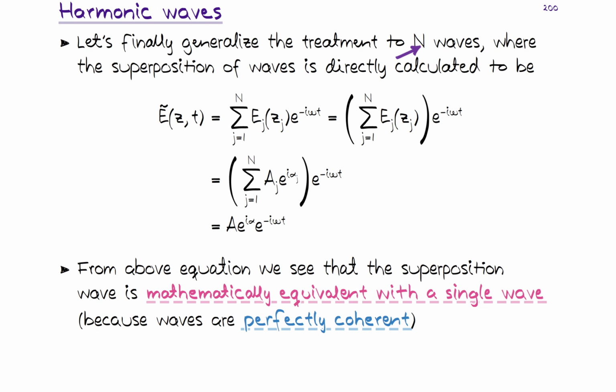And when they are perfectly coherent, the mathematical outcome is that we can understand the superimposed field as a single plane wave propagating through space. But the second we start losing coherence, so that the different waves are no longer perfectly coherent, then something else would start emerging.